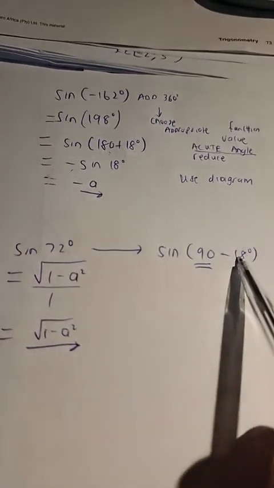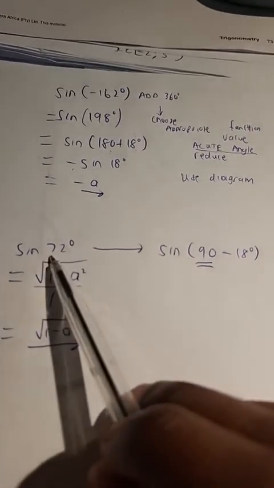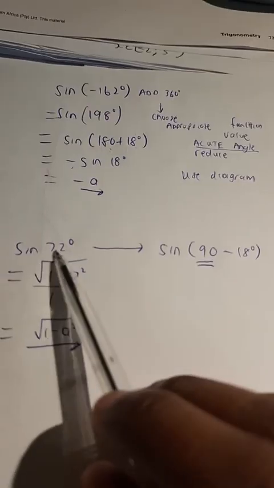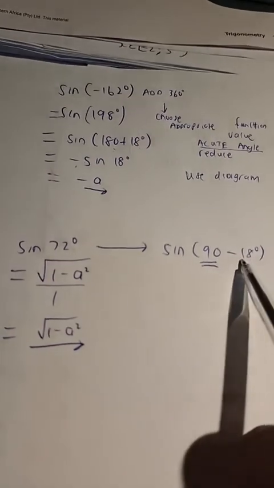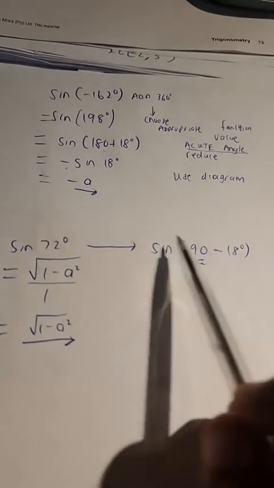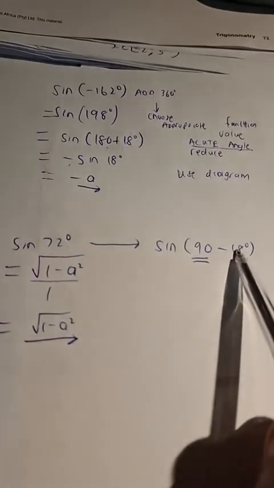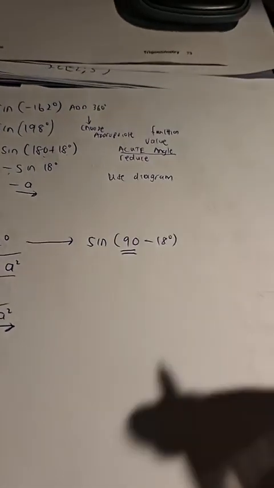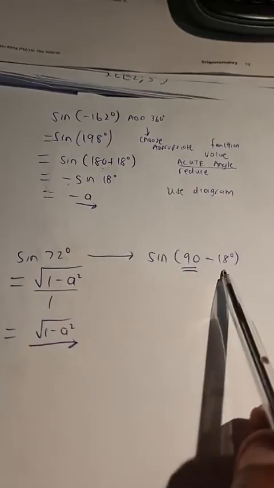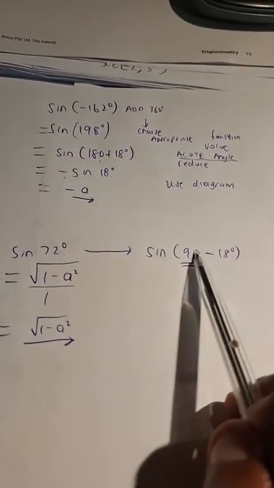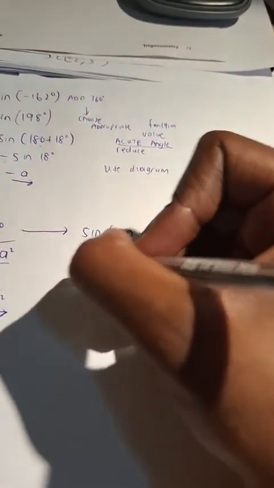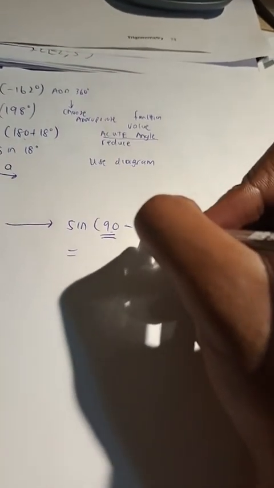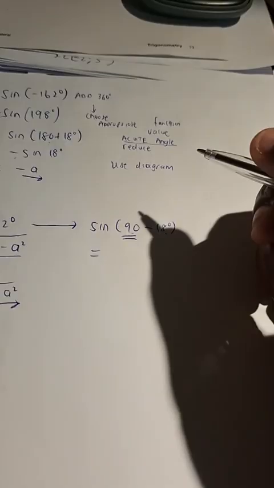Look at 72 and 18. These are complementary angles. What are complementary angles? Angles that add up to 90 degrees. So in other words, we can use the complementary co-ratio. We call it the complementary co-ratio. So if we reduce 90 minus 18, the answer will be 90 minus, which is in the first quadrant.